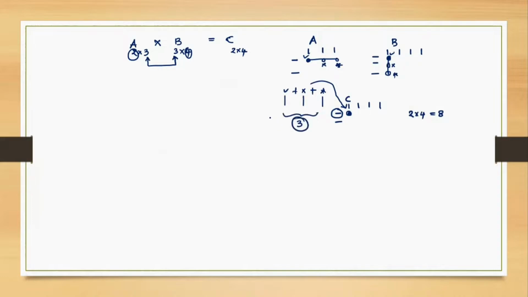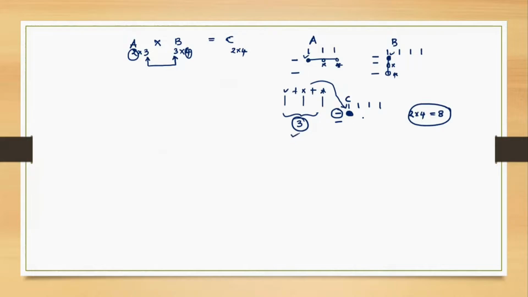So we can say that to get all 8 elements in C, we need 3 multiplications for each element of C. To get the first element, in the first row, first column of C, it needs 3 multiplications.